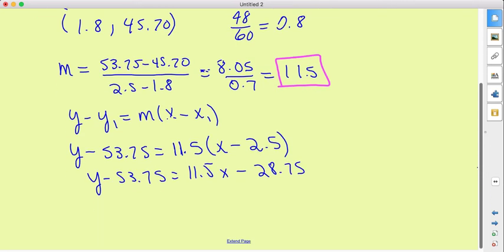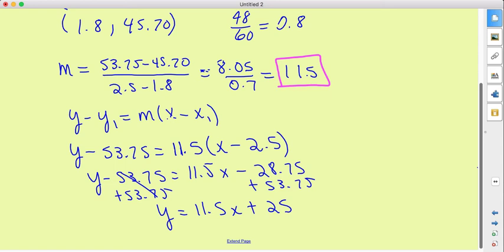And then last but not least, what do I need to do to finish it? Yeah, there we go. Add the 5375, so those cancel. Notice that's negative 28, that's positive 53, so you actually have to subtract those. And yeah, they subtract very nicely, don't they?